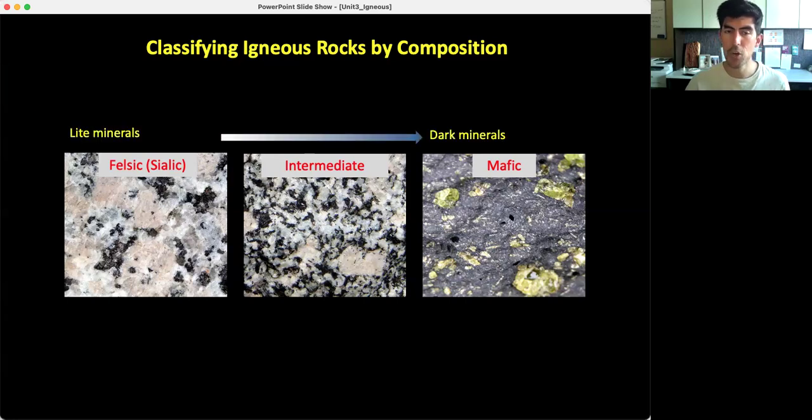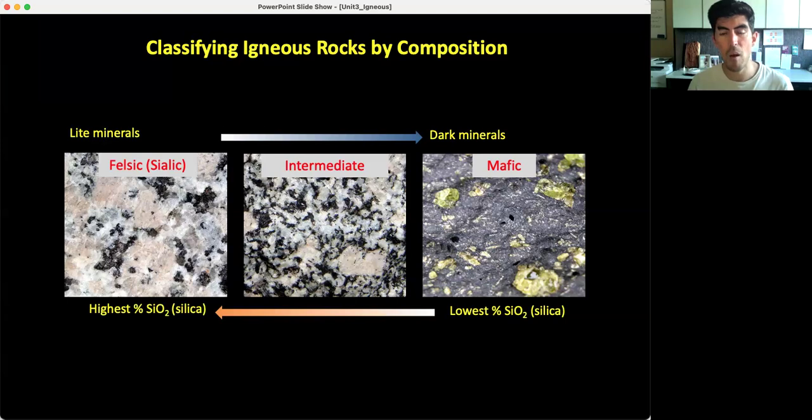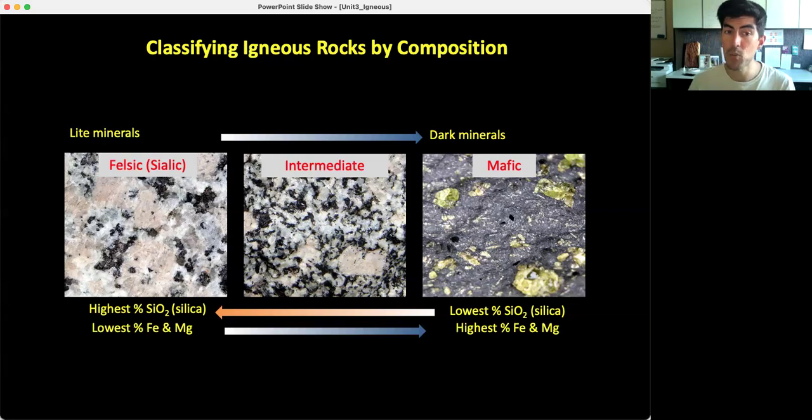So here is just showing you that there is a spectrum, a transition from light minerals to dark minerals, and the proportion of elements like silicon and oxygen and iron and magnesium. As one goes up, the other goes down. So for felsic minerals and felsic rocks, we have high silicon and oxygen and low iron and magnesium. It's not totally devoid of those.